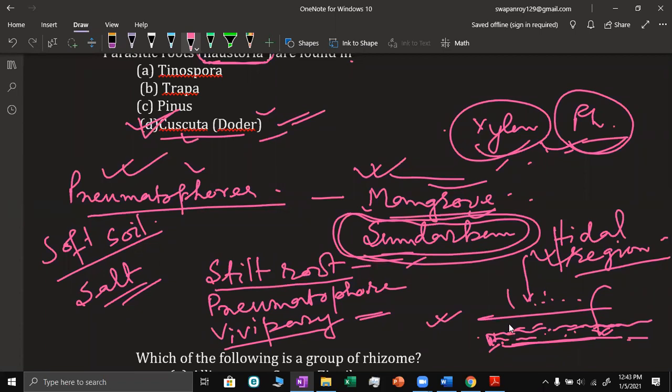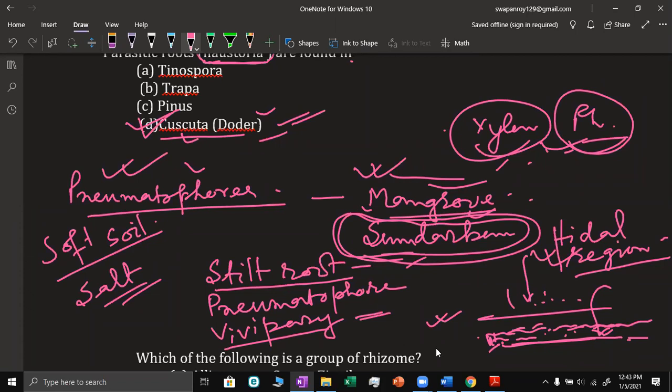Otherwise, say during the seed germination, seed first absorbs water by imbibition, then it swells up, and then the seed coat bursts, and then it germinates. But here what will happen? The outside solution is thick, so water from the seed will go out, so the seed coat will not burst.